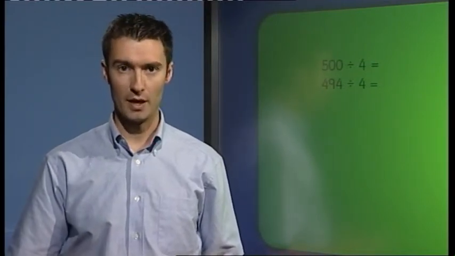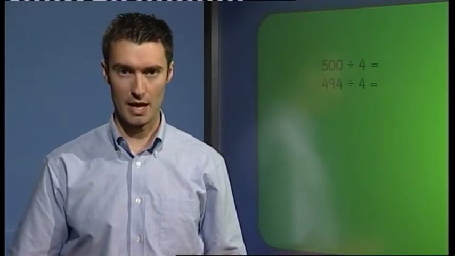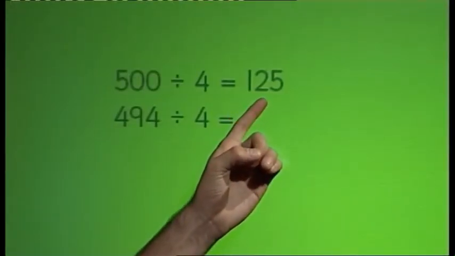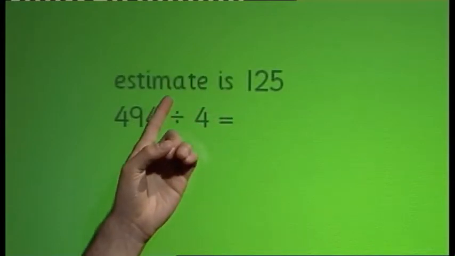Now that doesn't look too easy, but remember, to divide by 4, we can divide by 2 and then by 2 again. So 500 divided by 2 is 250, and 250 divided by 2 is 125. So I expect the answer to be about 125, and that will be our estimate.